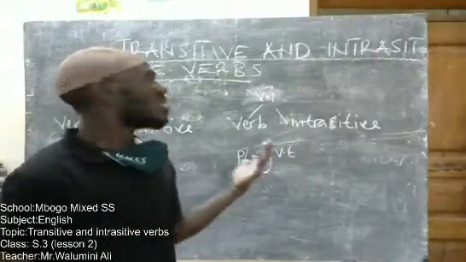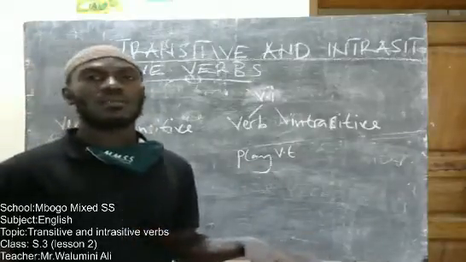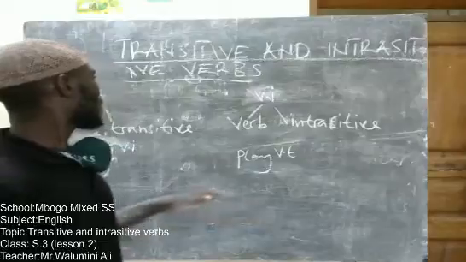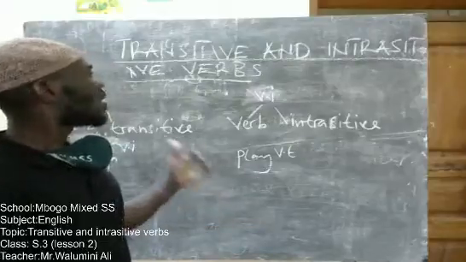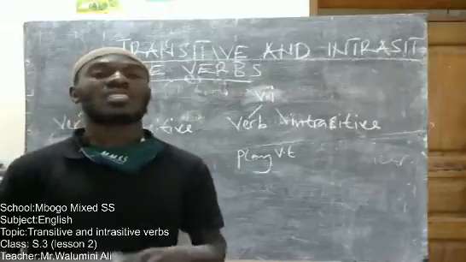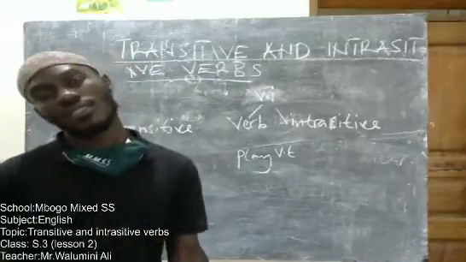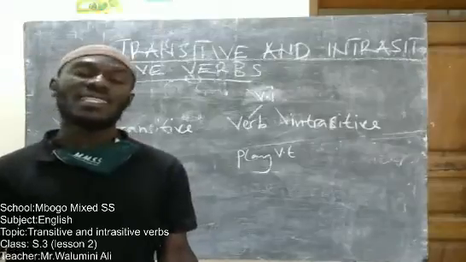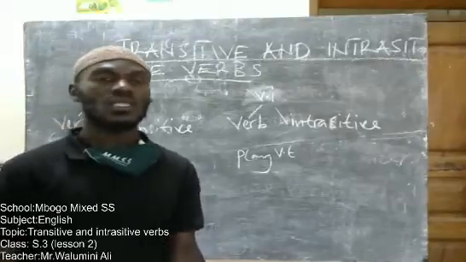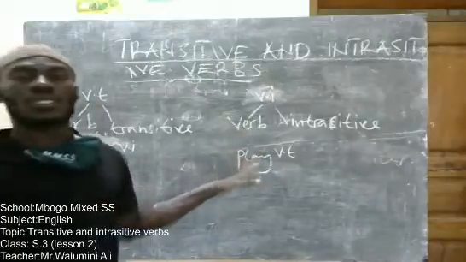And you had those examples of kill, of laugh, and all that stuff. And then we say that an intransitive verb is the one that does not call for or require a direct object to have the sentence or statement complete.